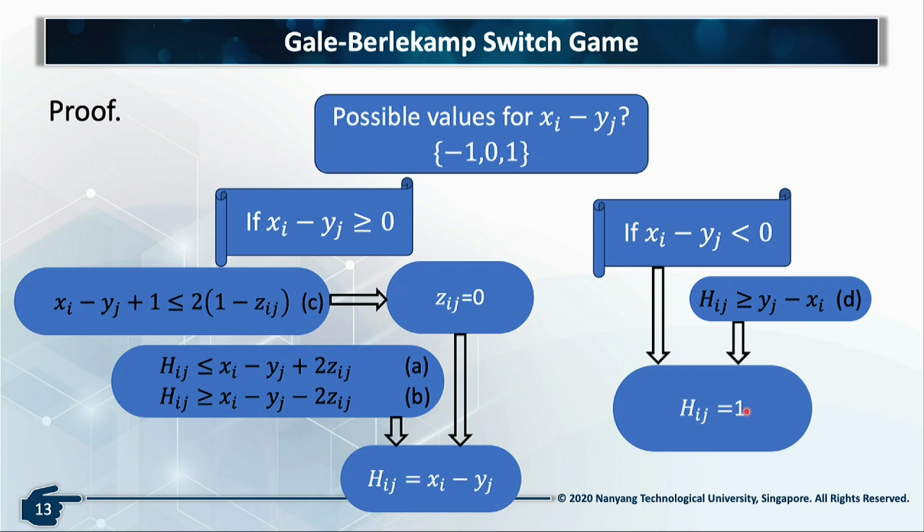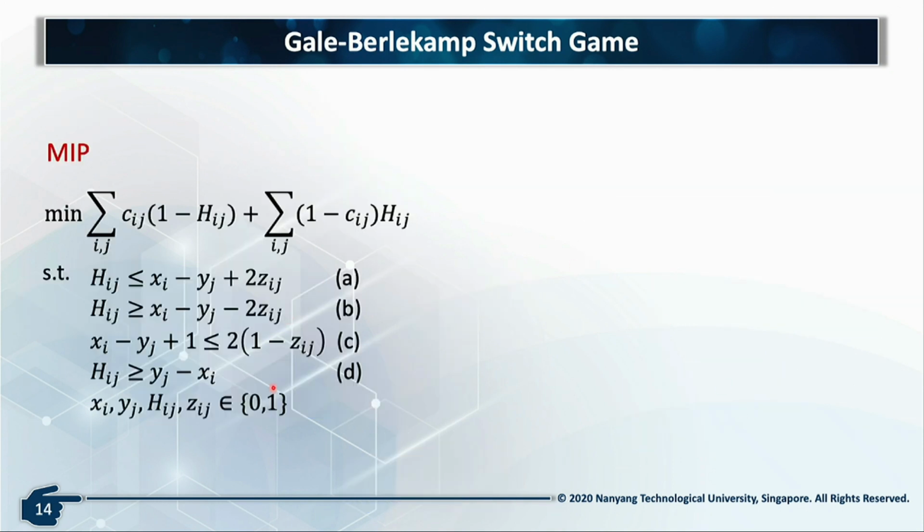So now we are convinced that, yes, indeed, we can reformulate the set of nonlinear constraints in this linear form, which leads to this elegant mixed integer linear program. So you see, objective and constraints are all linear in terms of decision variables. In fact, all the decision variables in this program are binaries.